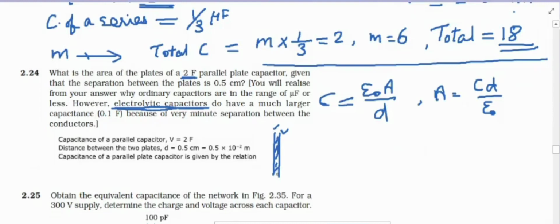So such methods we can use here. A very thin layer of dielectric material just separates the two plates, so the value of D will be extremely small, making a large value of C. So that is what we mean by electrolytic capacitors.